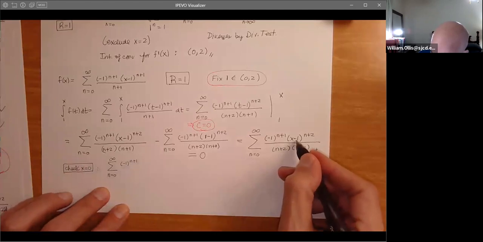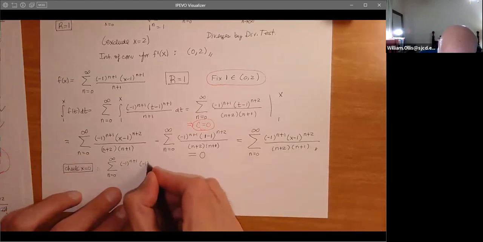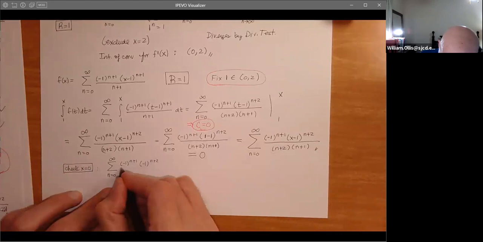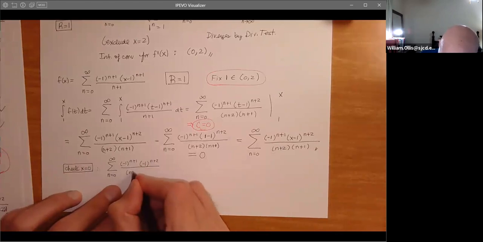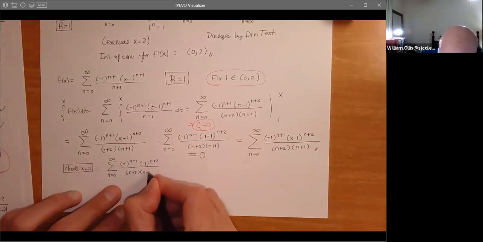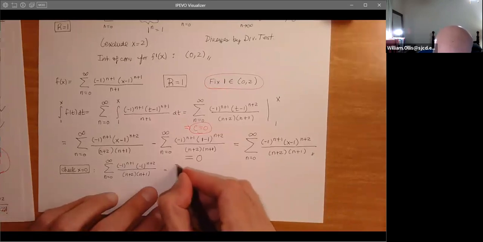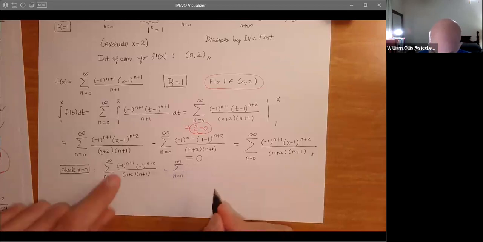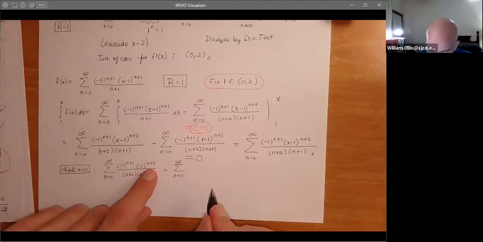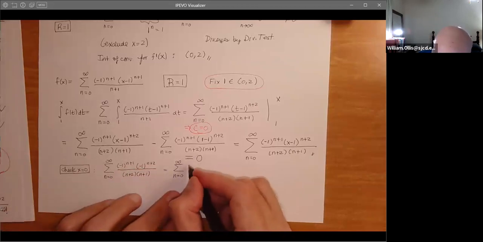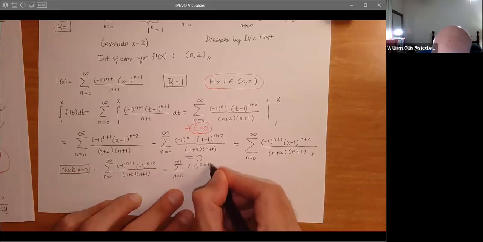Now, of course, we get -1 to the n plus 2, over n plus 2, n plus 1. And that extra factor downstairs is good, isn't it? So now we get n equals 0 to infinity. So, of course, now we get the 2n plus 3. So this will give us -1 to the 2n plus 3.